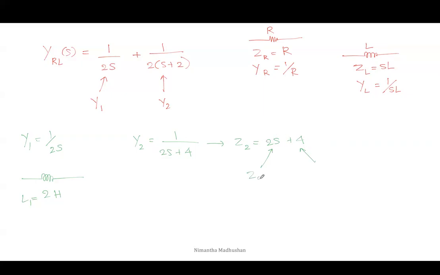I name these ZA and ZB. If I consider ZA, the impedance value will be an inductor. L2 value is 2 Henry. And then I consider ZB. It is like a resistor, R1 value is 4.